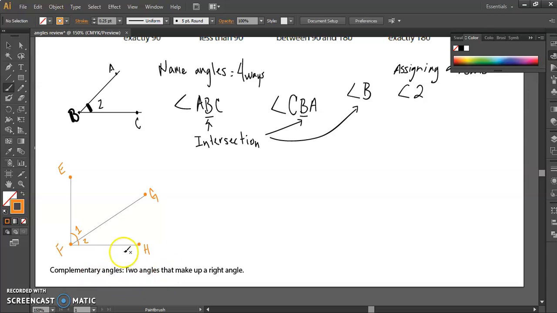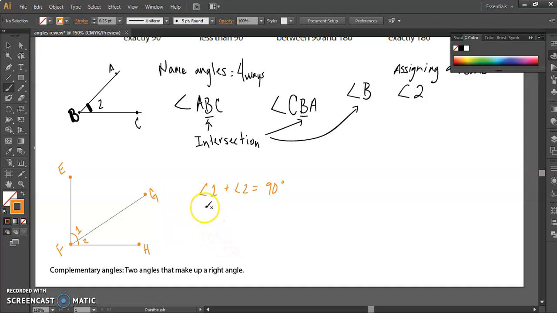So complementary angles, remember there are 2 angles that make up a right angle, and a right angle is an angle that is exactly 90 degrees. So in this case, I can say that angle 1 plus angle 2 is equal to 90 degrees, okay? Because all my right angles are equal to 90 degrees, okay?